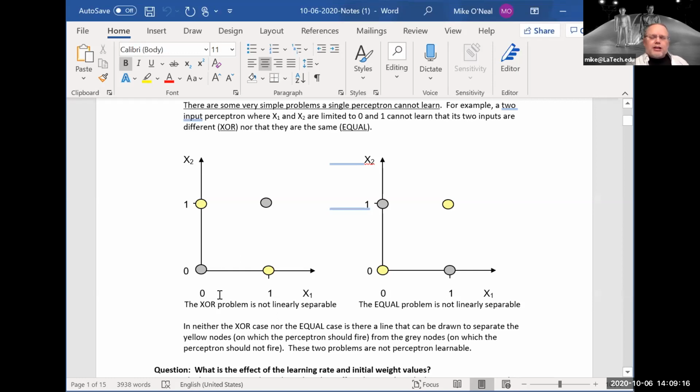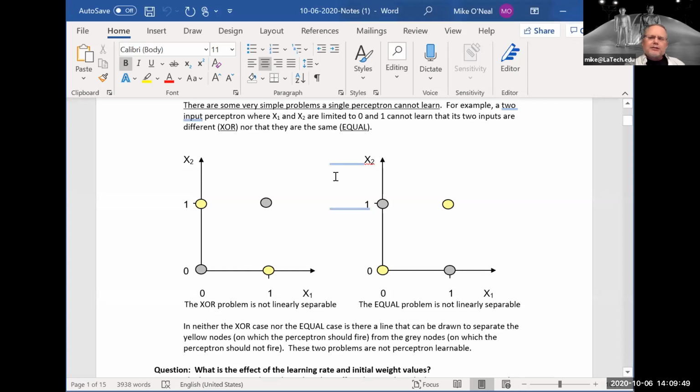So just like we've been playing with earlier, a perceptron with 2 inputs. It is impossible to solve the XOR problem, the exclusive OR problem, using a perceptron. What does that mean? A 2-input perceptron cannot learn the XOR function.